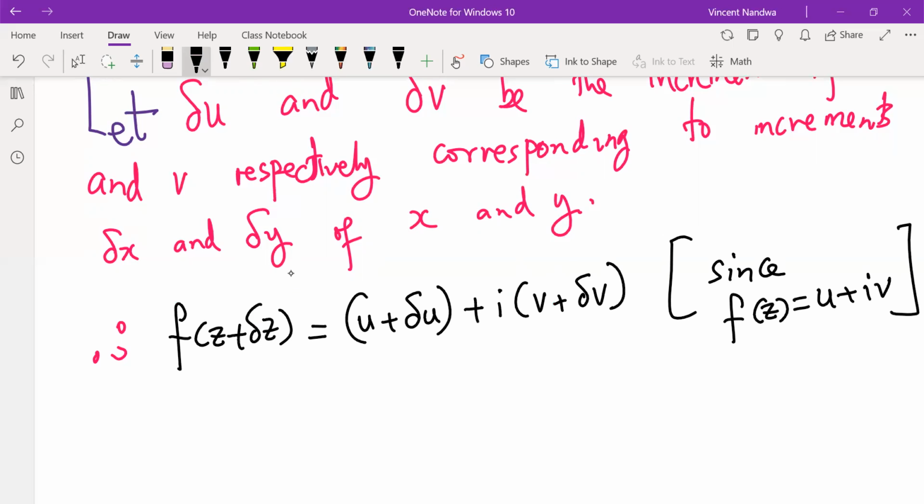So when you say f of z plus delta z, it should come out clearly that it will be u plus delta u plus i times v plus delta v.